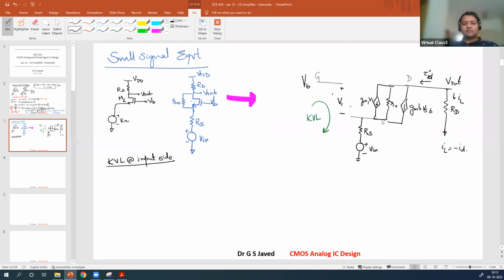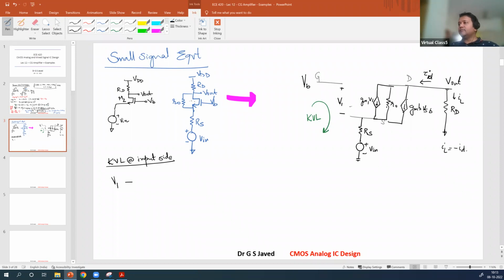V1 plus the drop across this, Vs, plus Vin. These are the three terminals, but each one is taken in the negative sense. So you will start off with V1, then go negative, minus voltage drop across this.